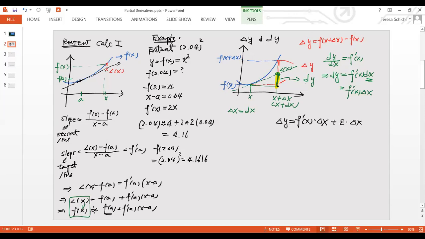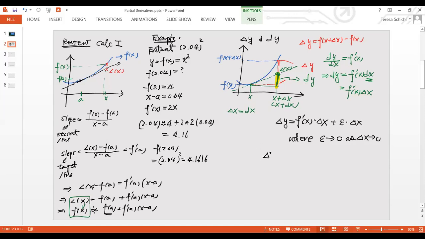It's equal because when they get closer and closer, epsilon approaches 0 as delta x approaches 0. So when they get closer and closer, this will be the same as delta y.